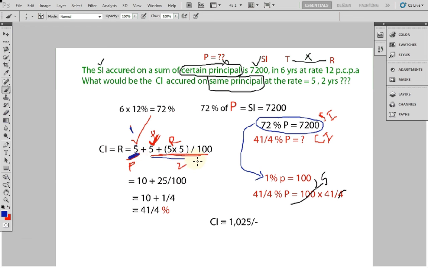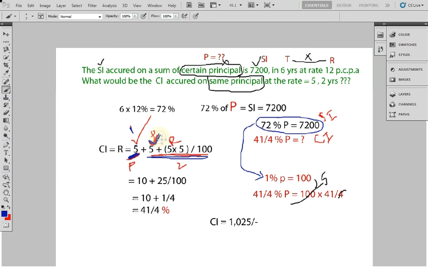In second year we have to calculate the rate for interest also. So this 5 is for the first year.